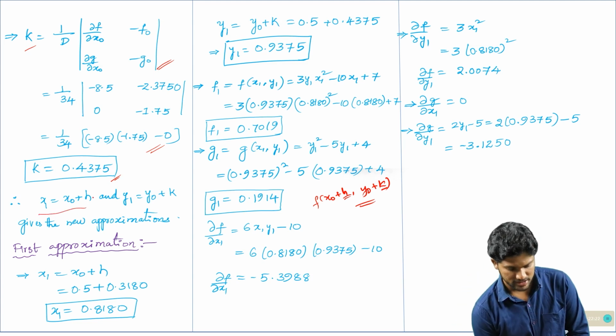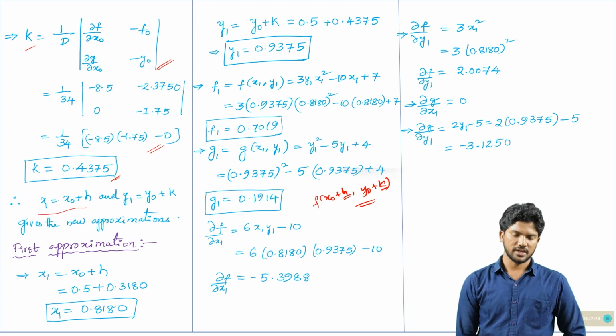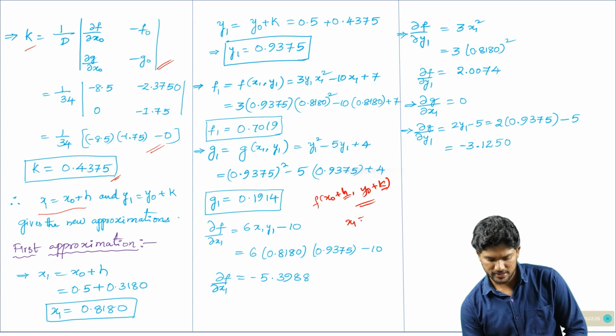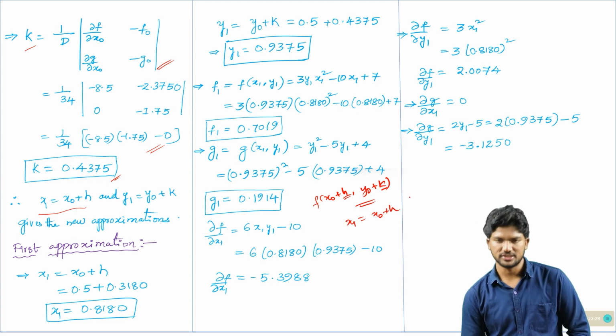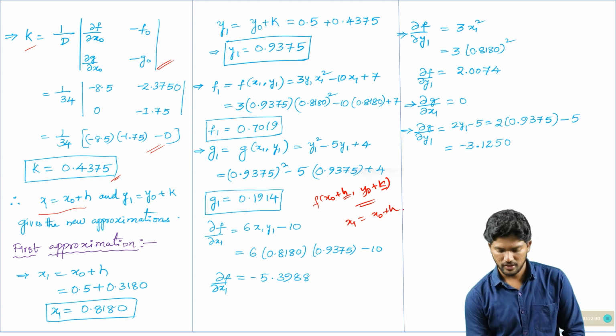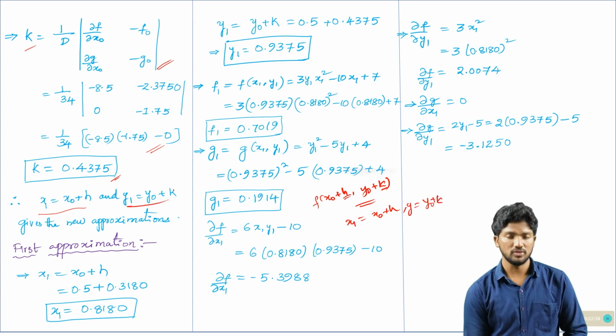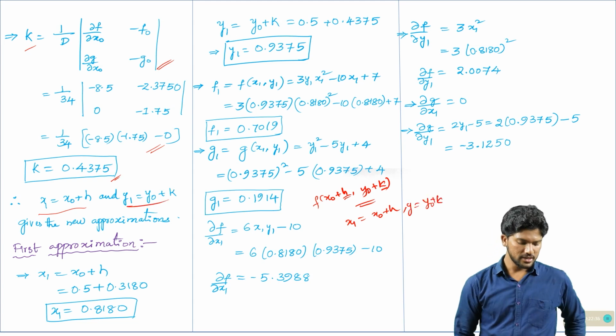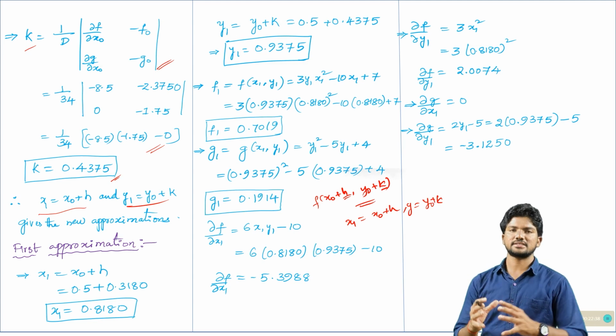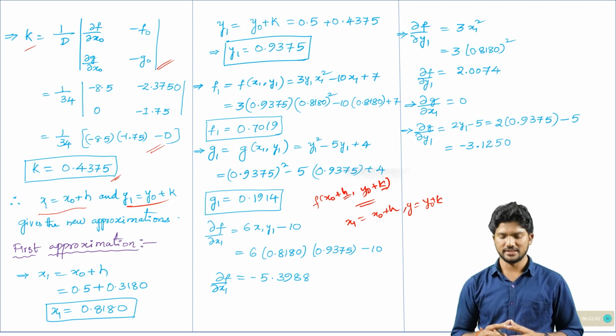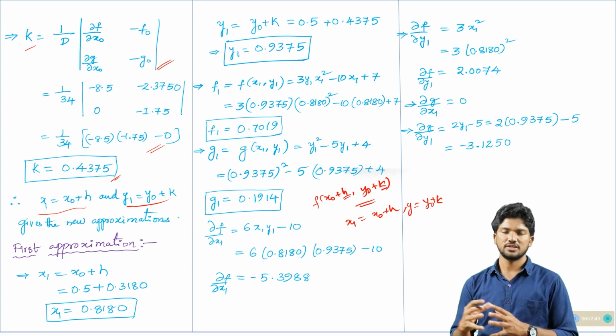So now the original solution: x₁ is equal to x₀ plus h, and y₁ is equal to y₀ plus k. How can you write those values? x₁ minus x₀ is equal to small h, and y₁ minus y₀ is equal to small k.